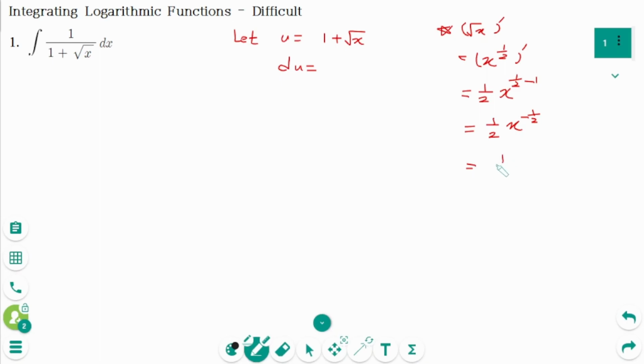Then we can rewrite as 1 over 2 square root of x. Then back to the original, 1 over 2 square root of x, then dx.